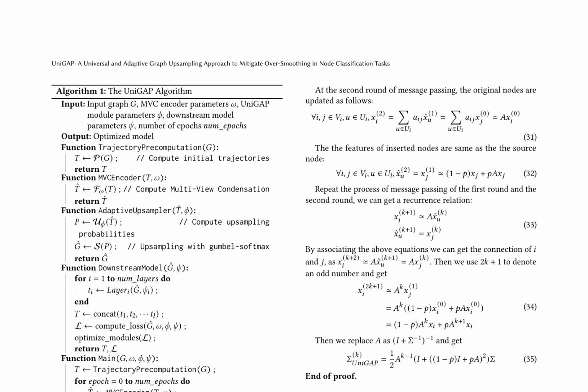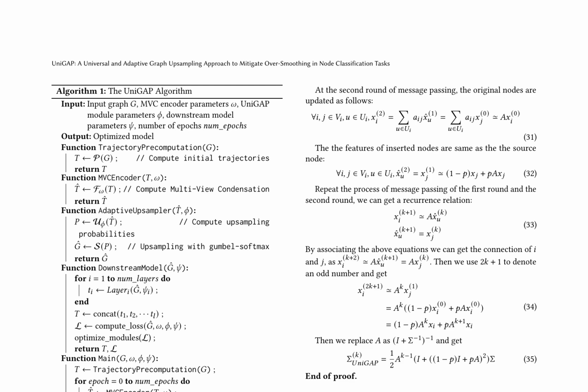The UniGAP algorithm is a universal and adaptive graph upsampling approach designed to mitigate oversmoothing in node classification tasks. It consists of 5 key functions: trajectory precomputation, MVC encoder, adaptive upsampler, downstream model, and main.